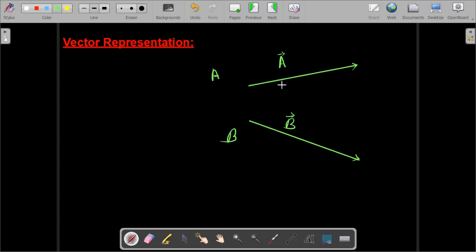Since vectors have direction, this arrow sign on the top of the letter also denotes the direction. That means overall it denotes a vector. Okay.